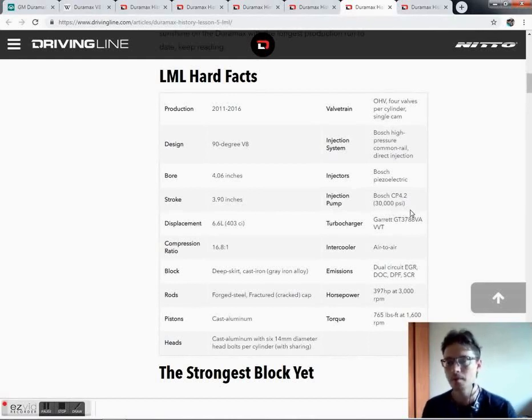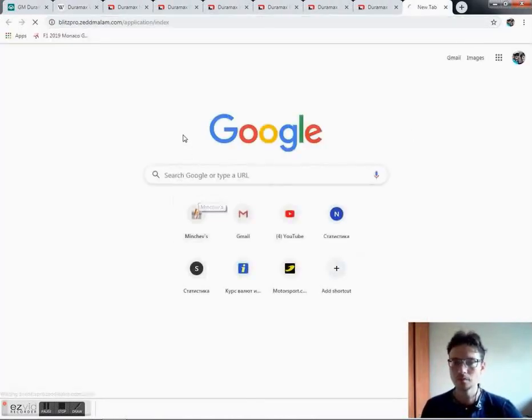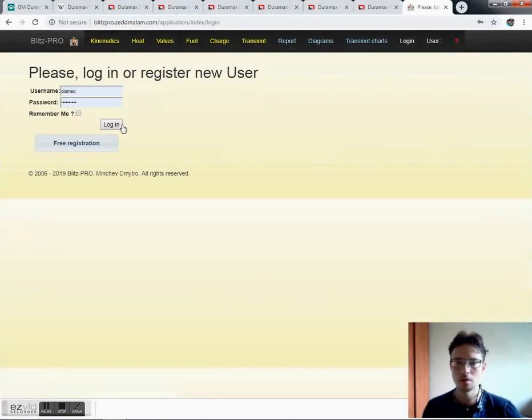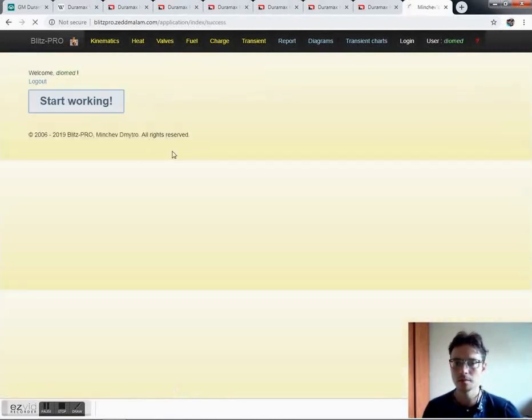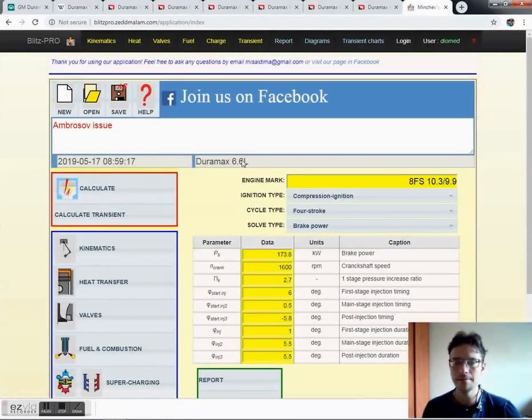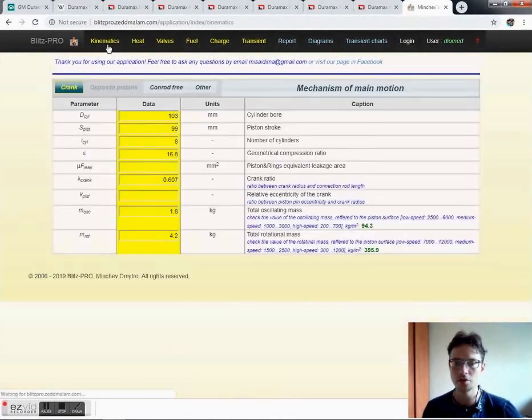So let's open Blitz-PRO first. Log into it. I made some initial setup of the engine. As you can see, its bore is greater than stroke, so it's more common for gasoline engines than for diesel engines. The compression ratio is 16.8 to 1, number of cylinders 8, and so on.